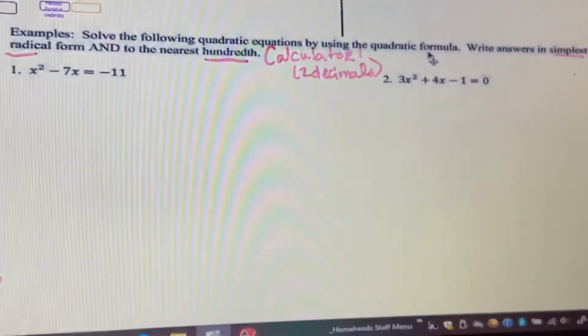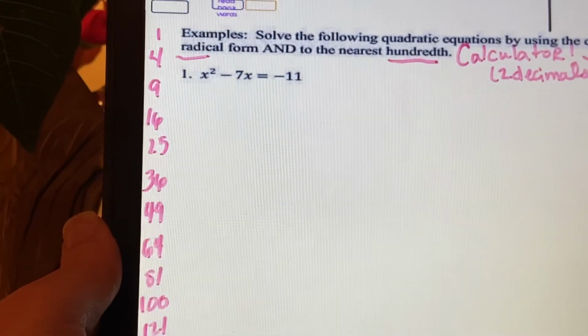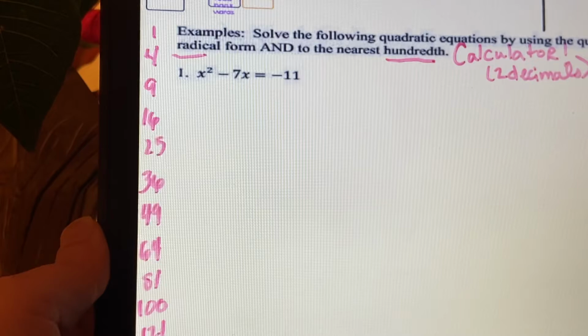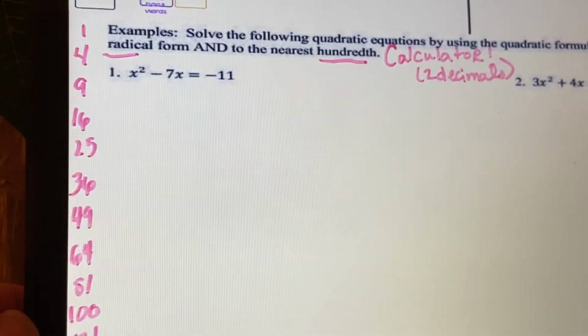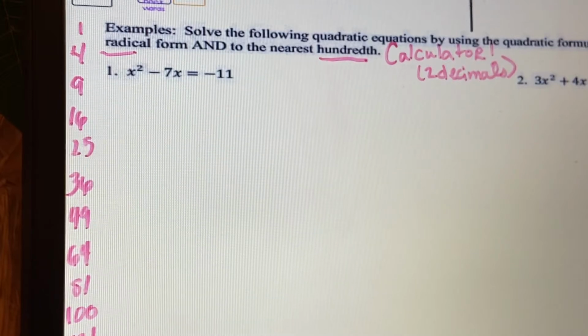Remember, you could go on forever and ever. Okay, so we have to do both. We have to use the perfect squares for simplest radical form, and the calculator.